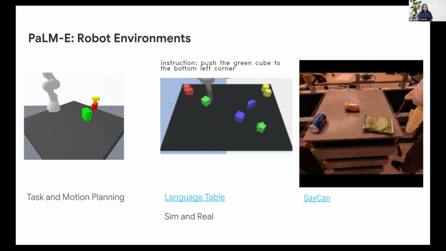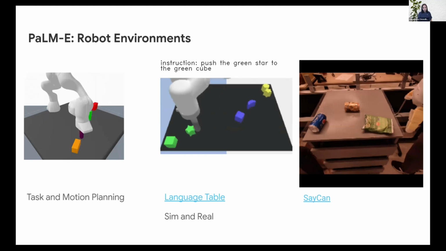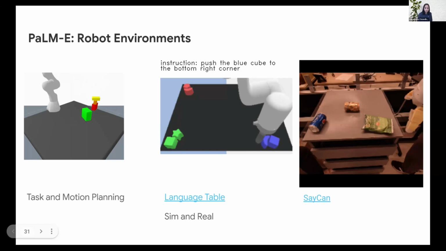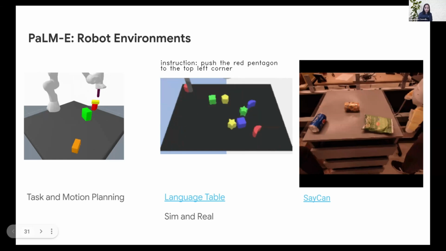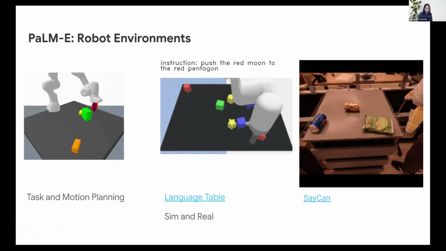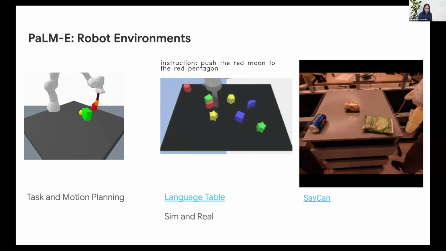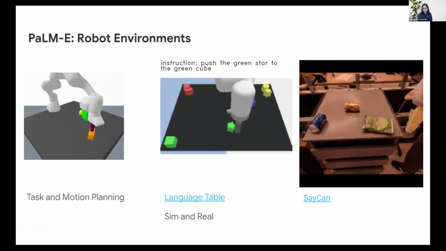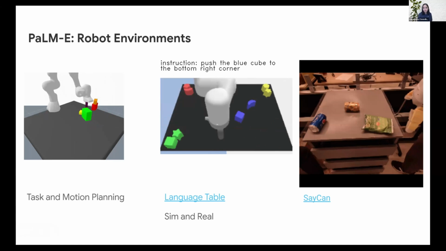So let's take a look at some of the results, and we're going to present the results in 3 environments. The first environment will be task and motion planning, as you see on the first image, where the robot has to place these blocks based on the task that the model is assigned. This one is only in simulation. The second image is the language table environment, which is both in simulation and real world.